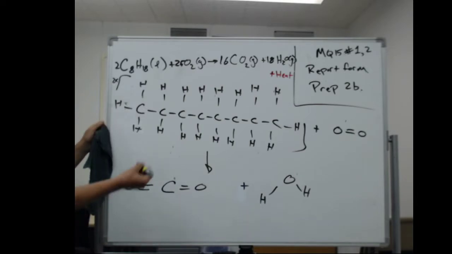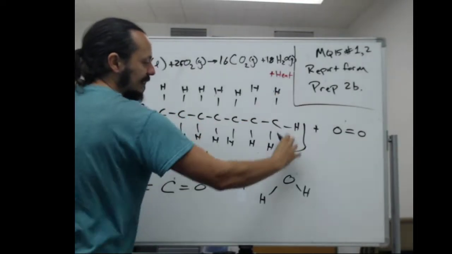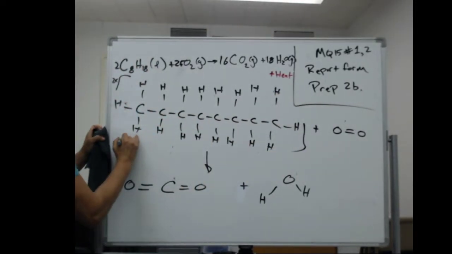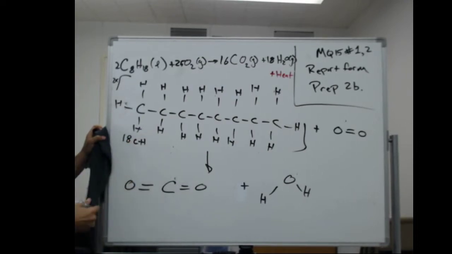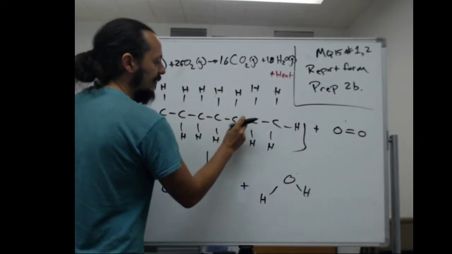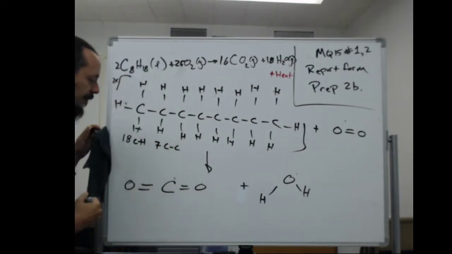The carbon-hydrogen bonds I can get just from this. It's going to be 2, 4, 6, 8, 10, 12, 14, 16, 18. So I'm going to have 18 carbon-hydrogen bonds, and 1, 2, 3, 4, 5, 6, 7 carbon-carbon bonds.